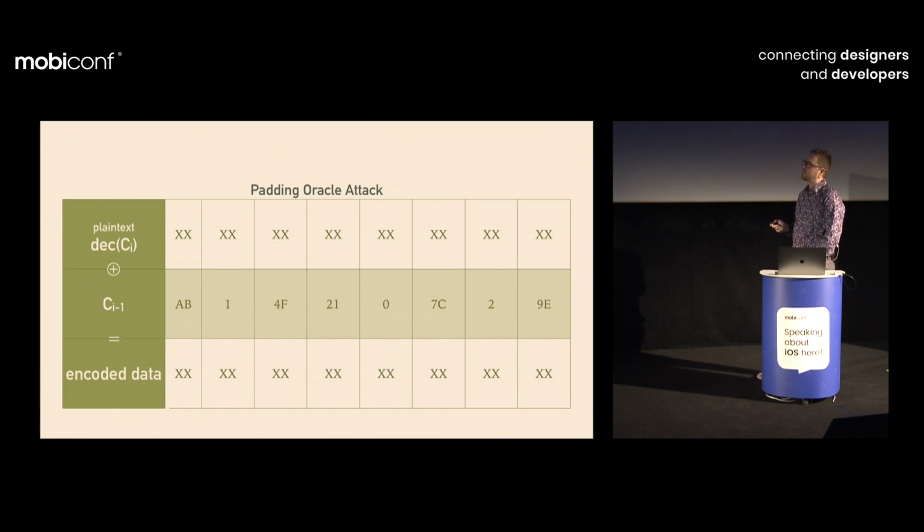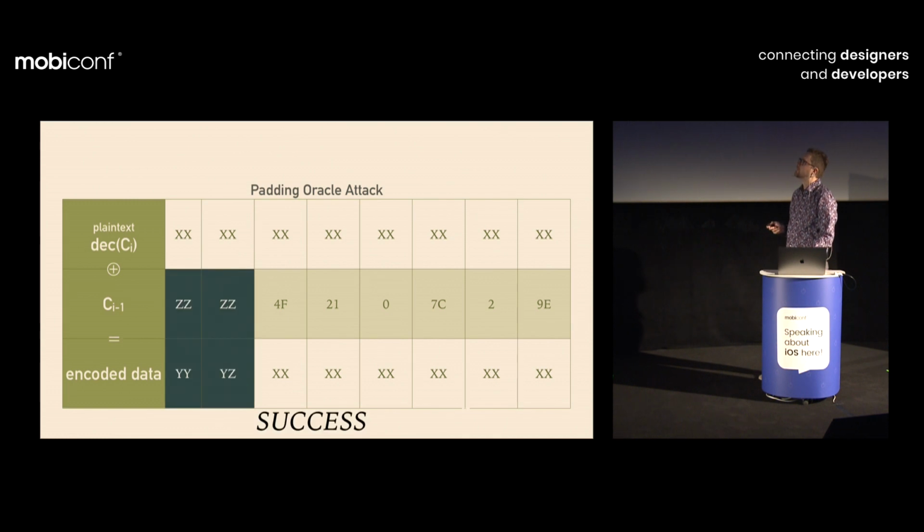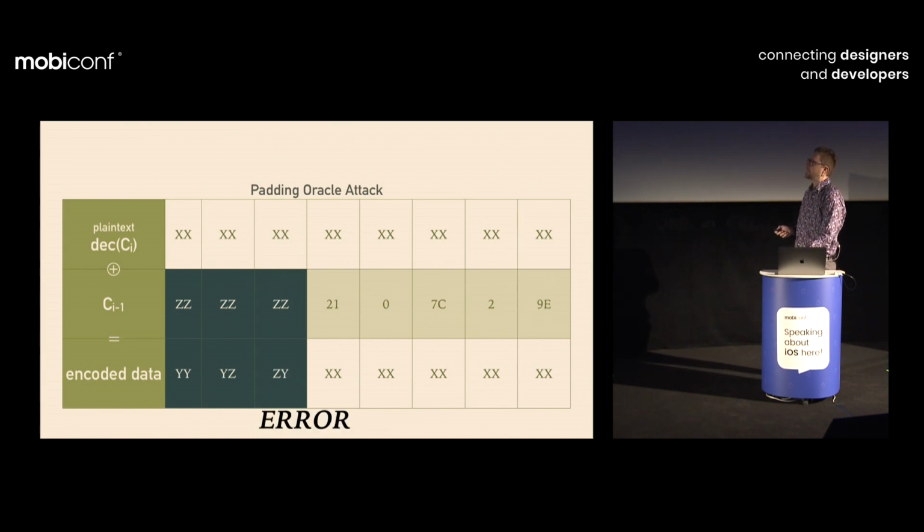By modifying 1 byte of the previous block, we modify 1 byte of the following block. So here, just modify to whatever, first byte, second byte, and send it to the server or to the decryptor. It's called the oracle, and ask, was it successfully decrypted or not? Yeah, it answers, yes, it is a success. Okay, try now. Oh, it's an error.